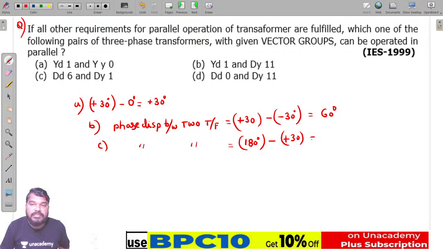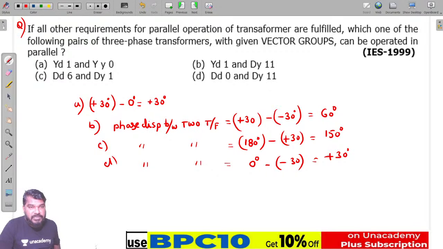So what is the answer for this question?